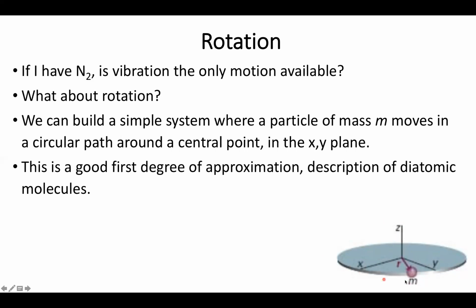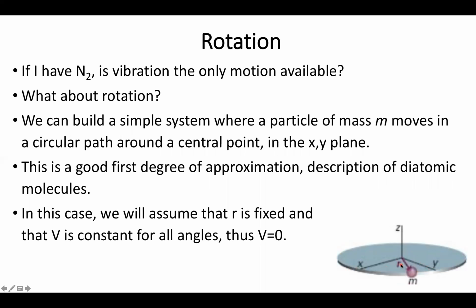Now, if I've got this, we have a couple of descriptions we can use to help simplify our system. First of all, since we know from vibrations that the bond distance isn't going to change too much, we're going to treat r as being relatively fixed. If nothing else, we've come up with an independent description for that. And the potential is pretty much going to be identical for any place around the circle.